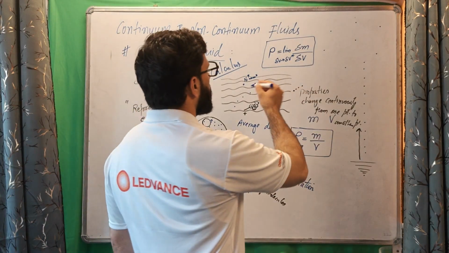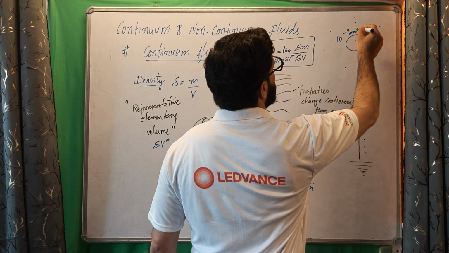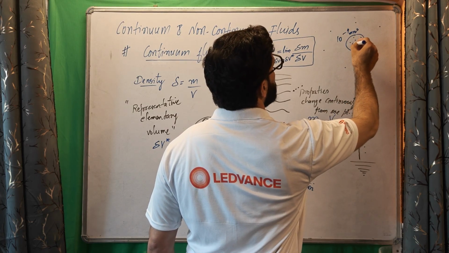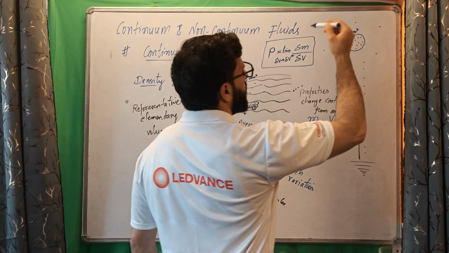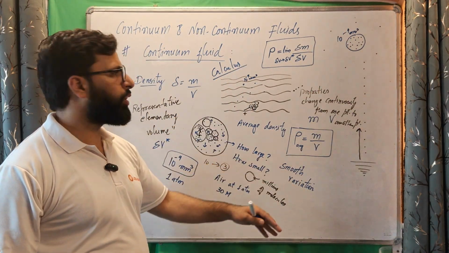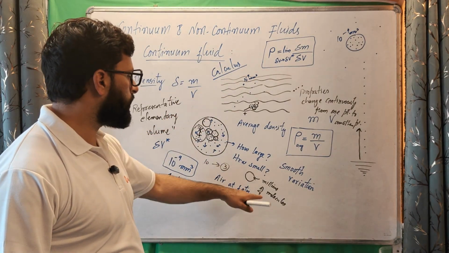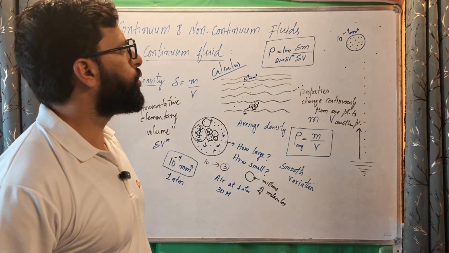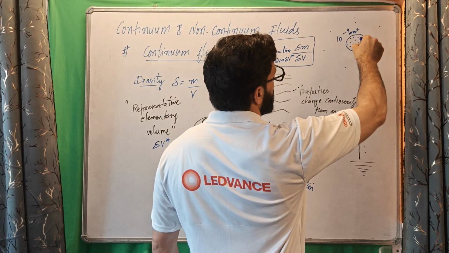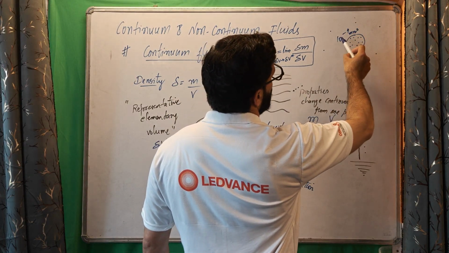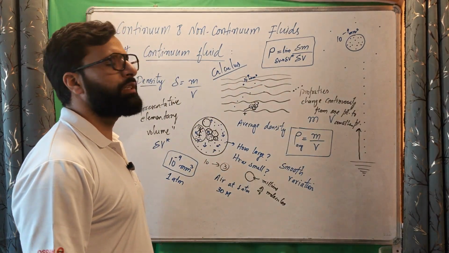What happens is, even if we take this volume of 10 to the power minus 9 millimeter cube, there will still be few molecules inside at that higher altitude. For example, at ground level, at a few kilometers, the molecules were around 30 million, but when we go high enough, at the satellite levels, at those spacecraft levels, even this elementary volume of 10 to the power minus 9 millimeter cube would have a much smaller number of molecules, and will still be having a problem.